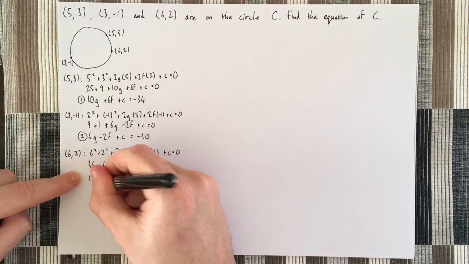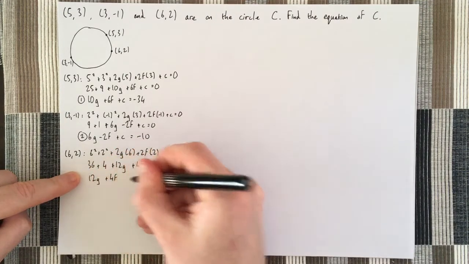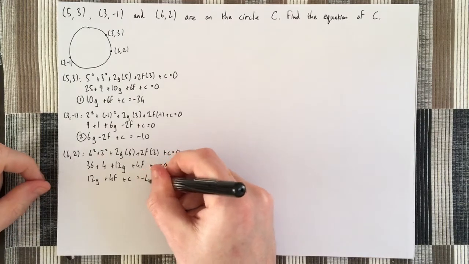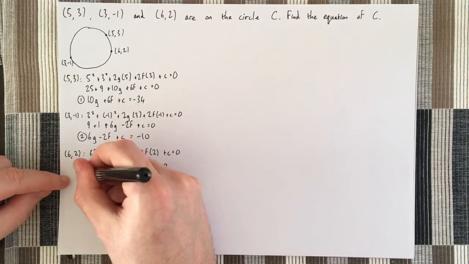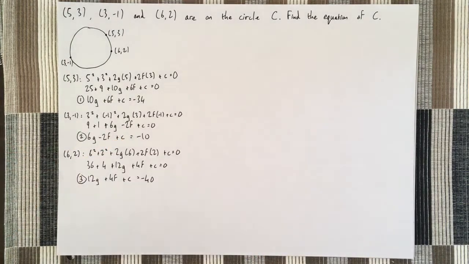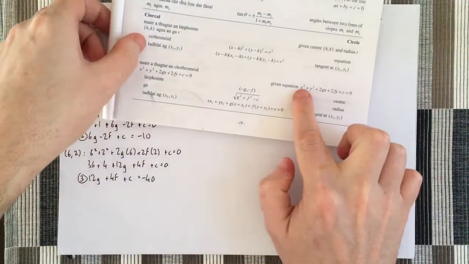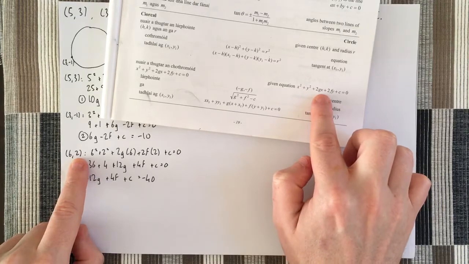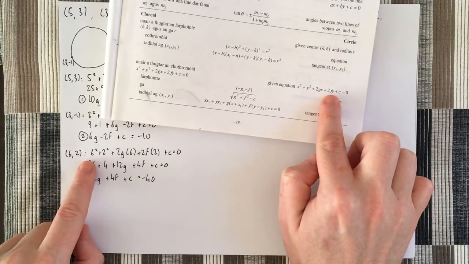So 12g plus 4f plus c, 36 plus 4 is 40, bring it over, is minus 40. So there's my 3 equations. And again, that's what I'm subbing into each time: 6 in for x, 2 in for y.